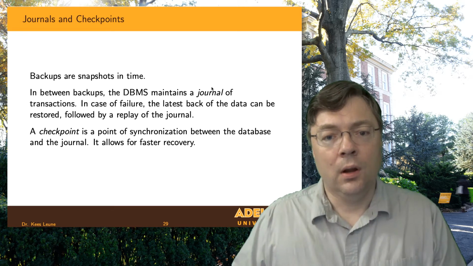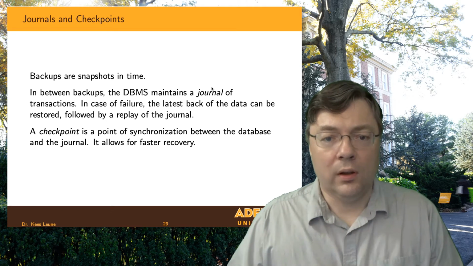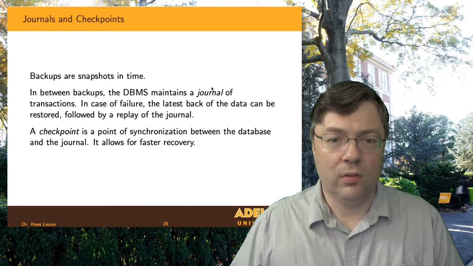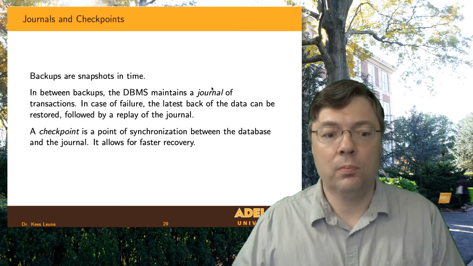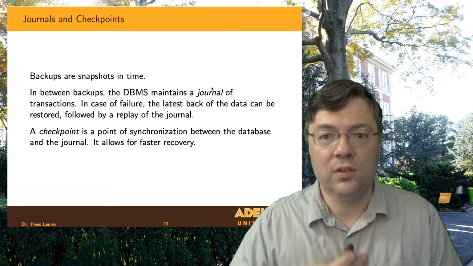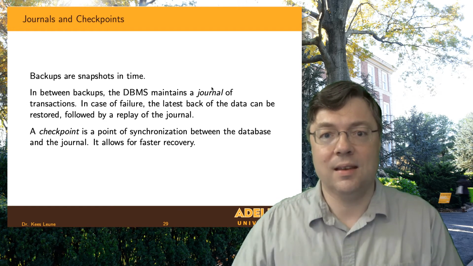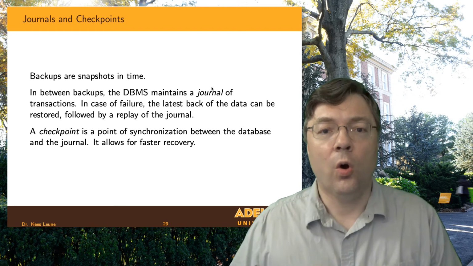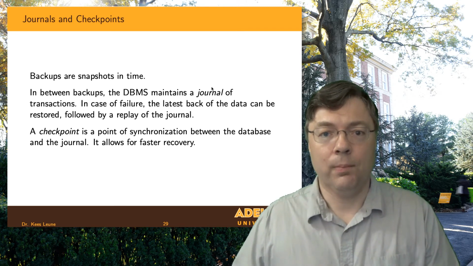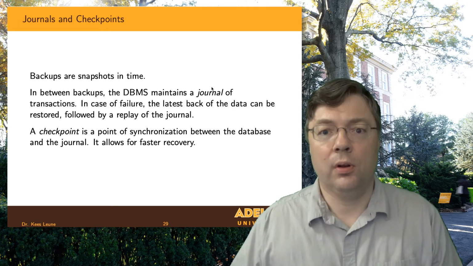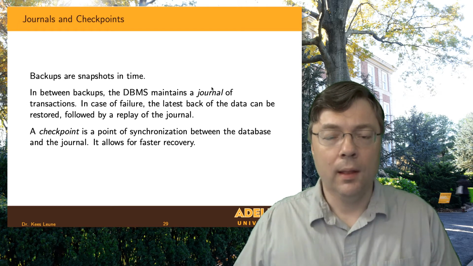Now, of course, the journal is typically much smaller than the database itself because it only contains the changes. But it also means that we should make sure that the journal does not sit on the same disk as the database, or maybe not even on the same server as the database, which brings with it a whole level of complexity. Otherwise we would lose the journal with the database, and it's pointless once more.